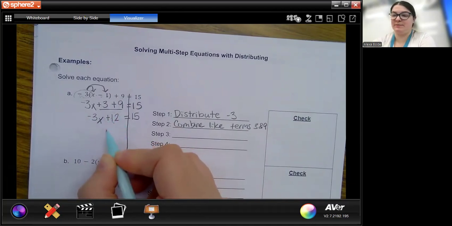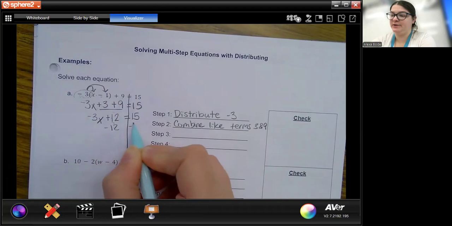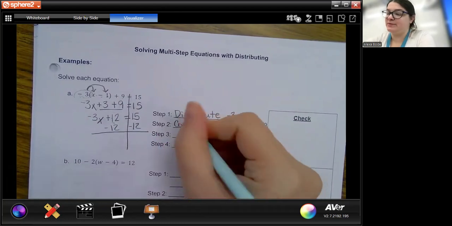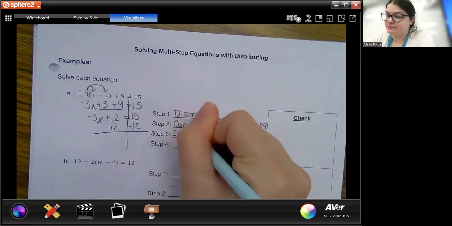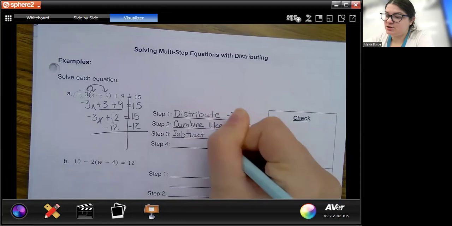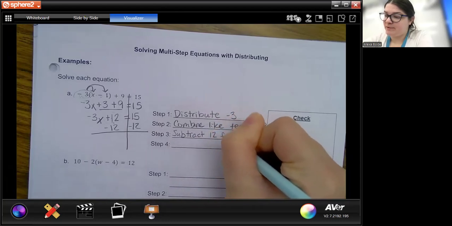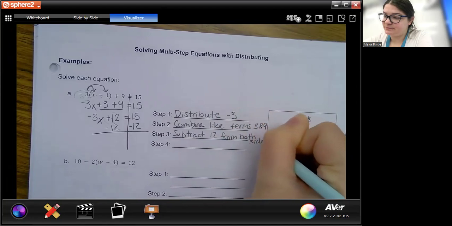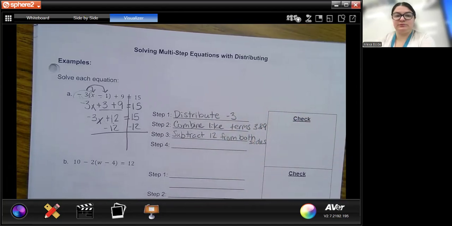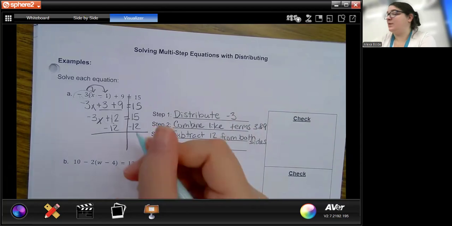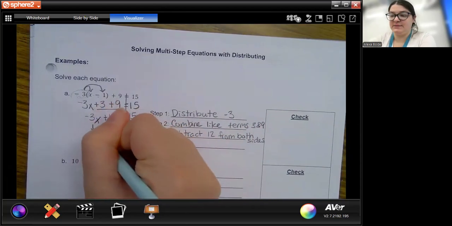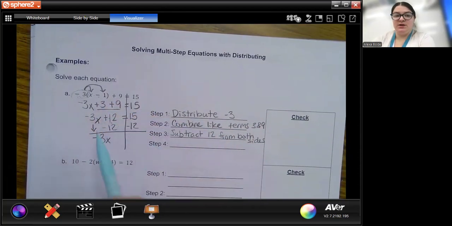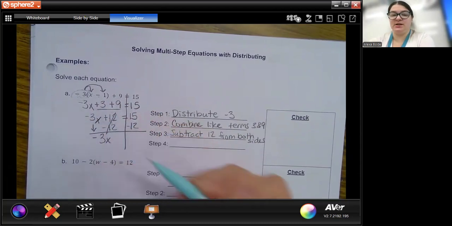So the inverse of +12 is -12. So I'm subtracting 12 from both sides. Subtract 12 from both sides. And what that does, the -3x comes down. 12 minus 12 is 0, so they just cancel out.